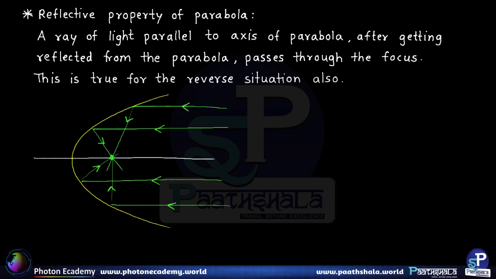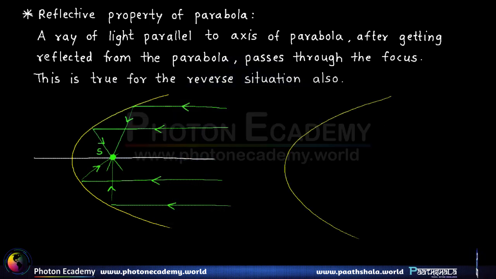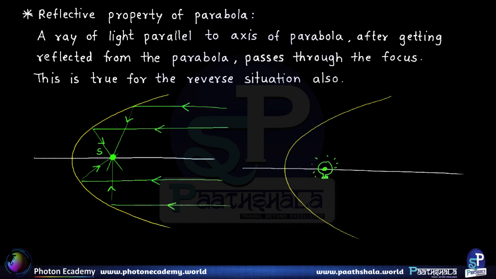So this point is precisely the focus S. And it says that this is true for the reverse situation also. That means instead of light coming parallel to the axis and converging at the focus, suppose we keep the source of light at the focus itself. Suppose we keep a bulb at the focus. This is S. Then the light will obviously emanate in all possible directions from the focus.